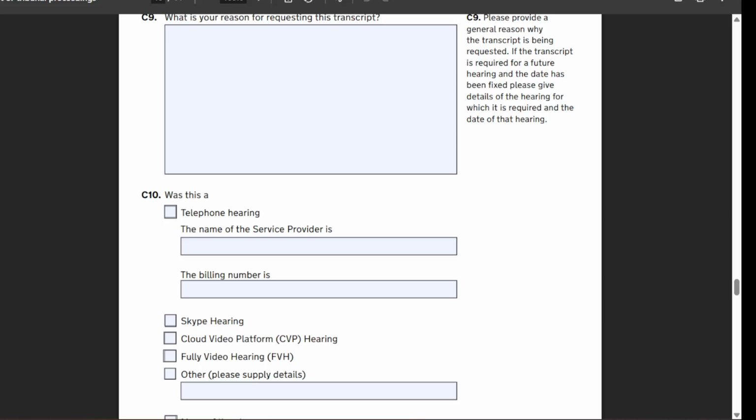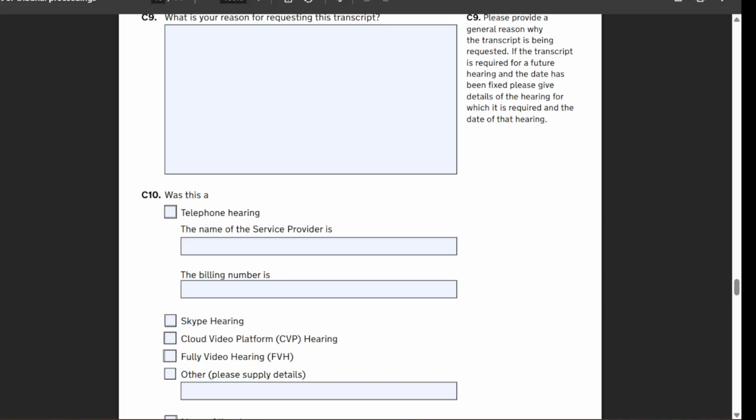Then for me, I think the most important bit of this form is C9. The question is asked: what is your reason for requesting this transcript? Then you have the name of the service provider, and the billing number, and you've got to fill in the hearing again. But for me, forget all that.